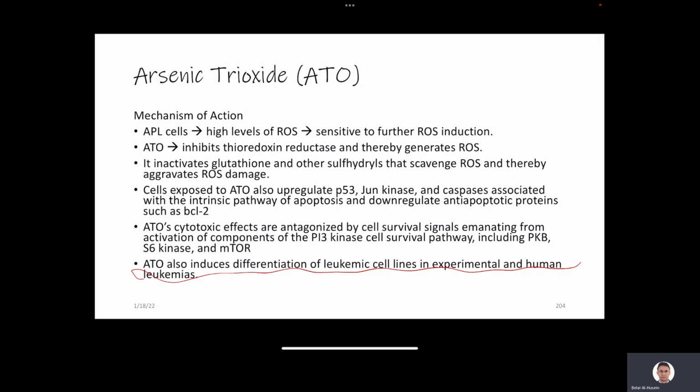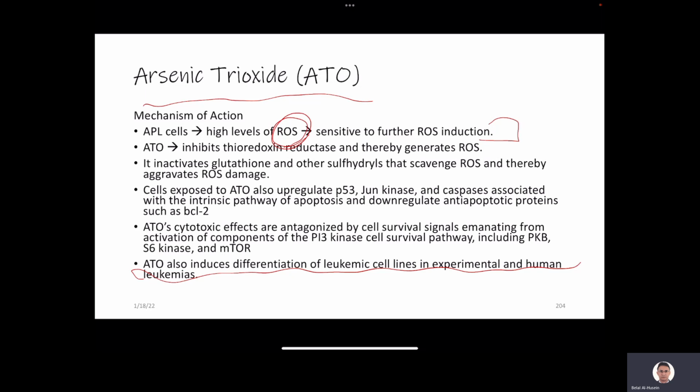If you increase those free radicals more, this would lead to cancer cell death. So arsenic trioxide first increases the level of reactive oxygen species, which will overload cancer cells that are already overloaded with reactive oxygen species, and this leads to destruction of cancer cells.